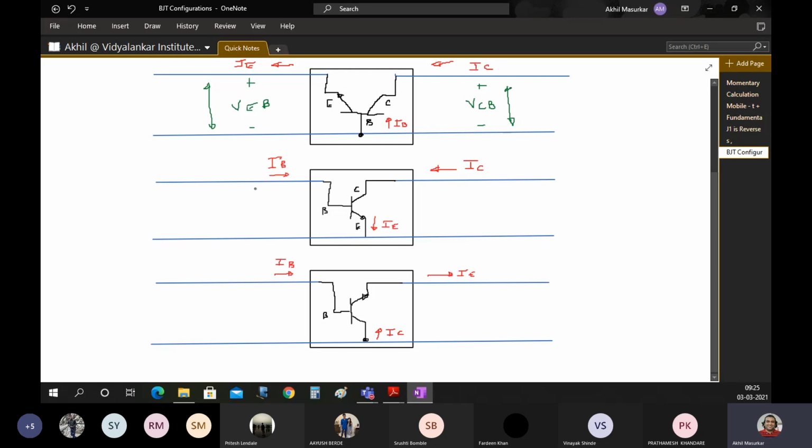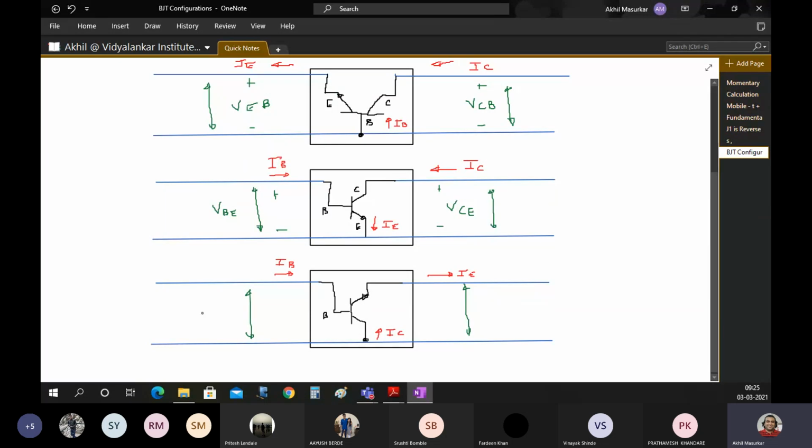So similarly here also we have VBE, and the current is flowing inwards, plus minus VCE. So this is VCE, and here we have 2, that is, this is base, this is collector.